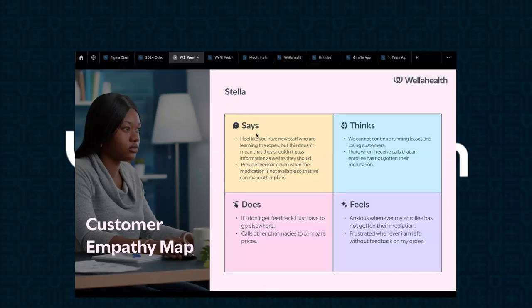So this is what Stella says. I feel like we have new staff who are learning the ropes. Let me introduce the problem a bit. Wella Health wants to increase the number of companies that are subscribed to its products, right?